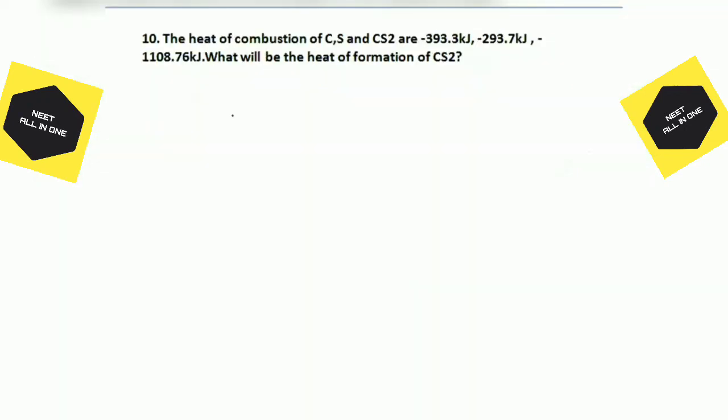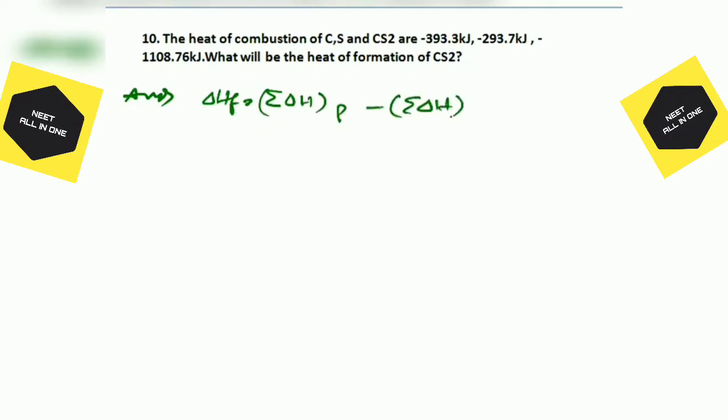So here the heat of combustion is given for the 10th question, and they told you the heat of formation of CS2. Now to do this question we have to first know two things, that is what is the heat of formation formula, that is summation of del H of products minus summation of del H of reactants.